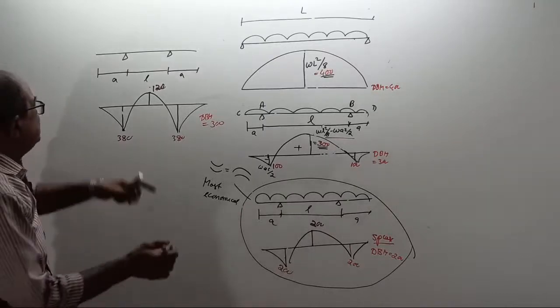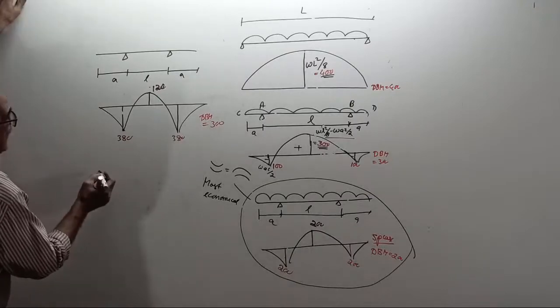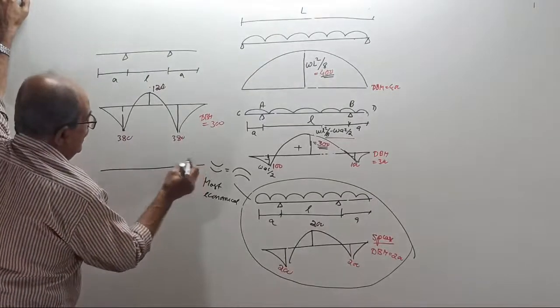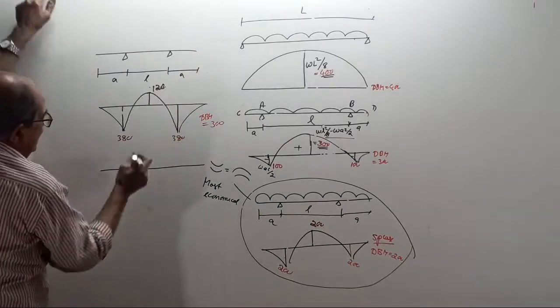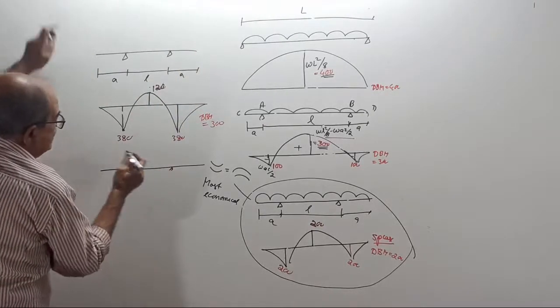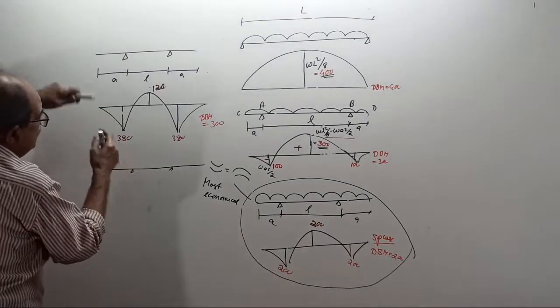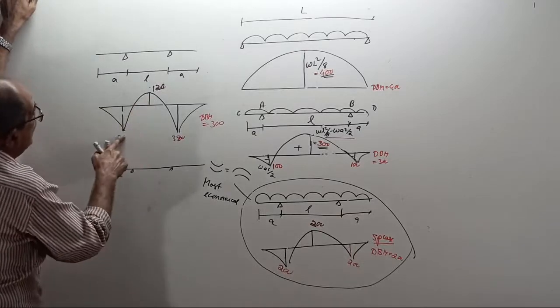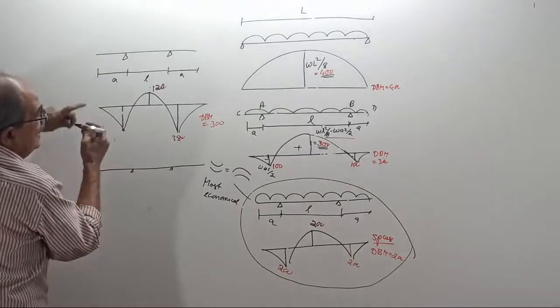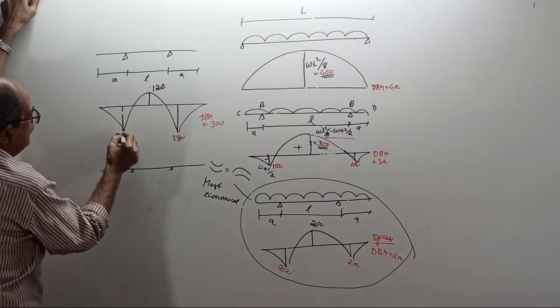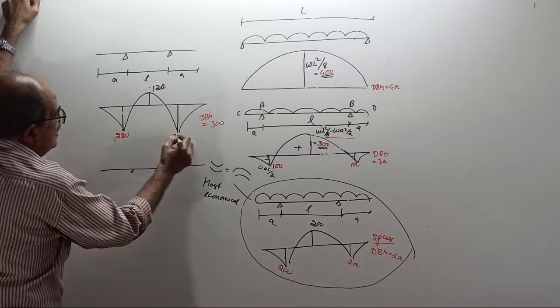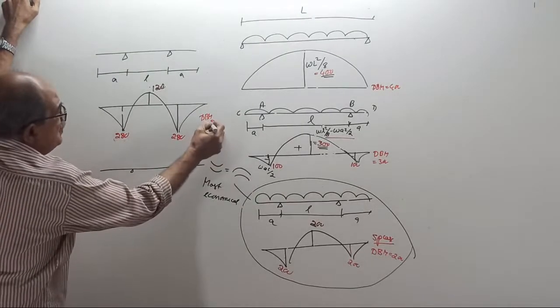Now, if you further increase the overhang, further move here, a stage will come when this 380, sorry, this is not 380, this is 280. Again it increases.